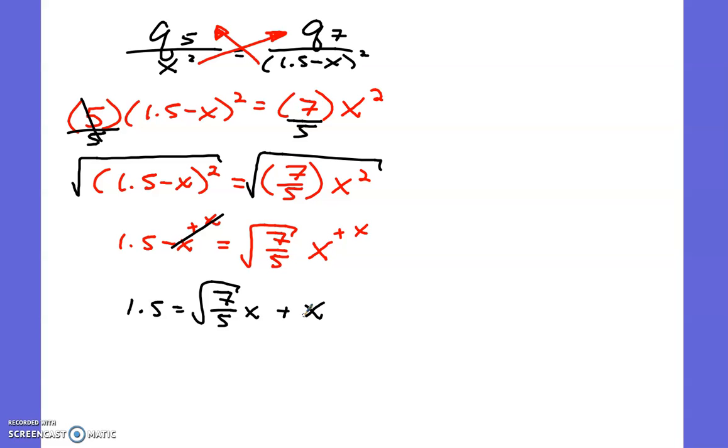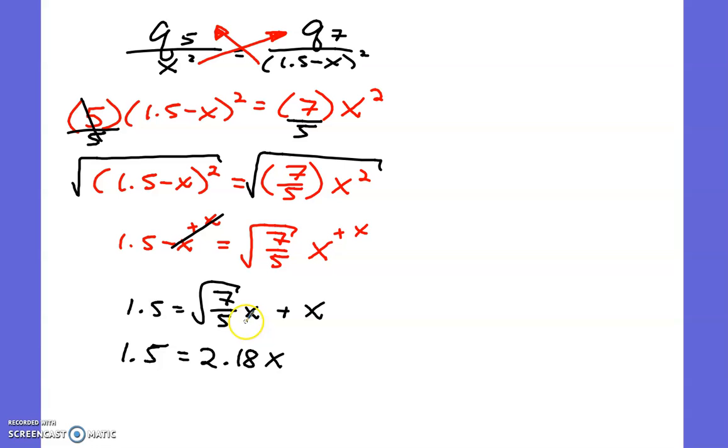Now because both of these have x in them, this is kind of like a coefficient of 1, I can add 1 and the square root of 7/5. And when I do that, this side I still have 1.5, I get 2.18 times x. So if I add the square root of 7/5 plus 1, I get 2.18, and I still have the x on it.